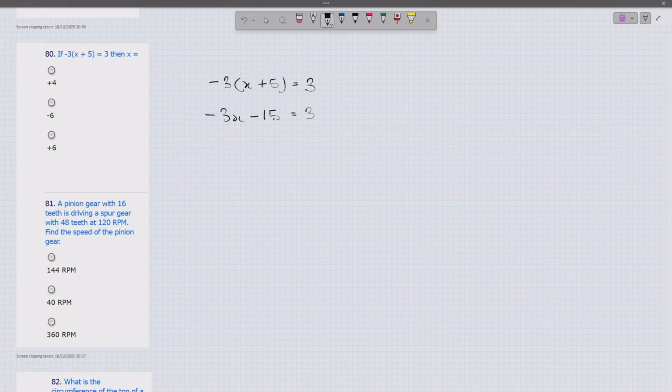So you can make it minus 3x equals 3 plus 15, minus 3x equals 18. Divide through by minus 3, here by minus 3. These 3 will cancel. So x equals 18 over minus 3. That will be x equals minus 6.